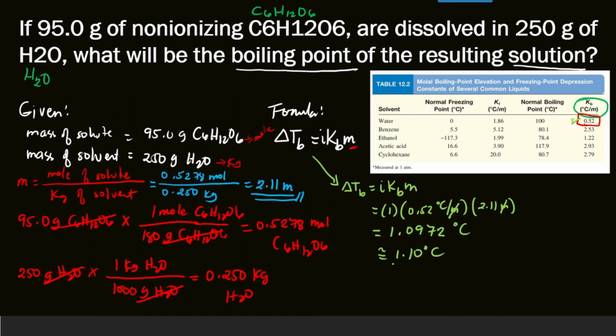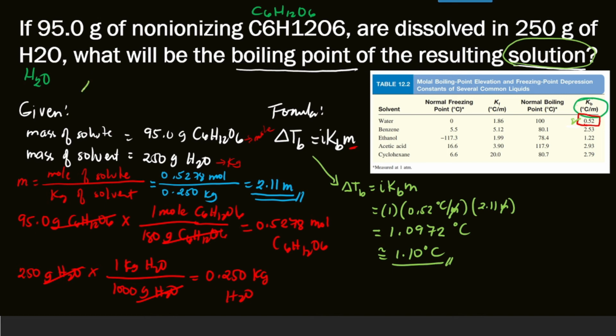Is this our final answer? Not yet, because the question is the boiling point of the resulting solution. We know that the boiling point elevation is equal to the boiling point of the solution minus the boiling point of the pure substance.